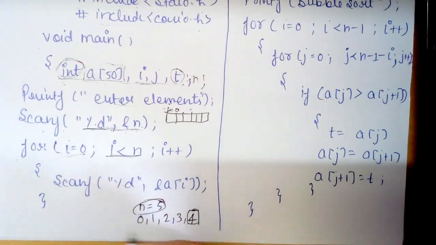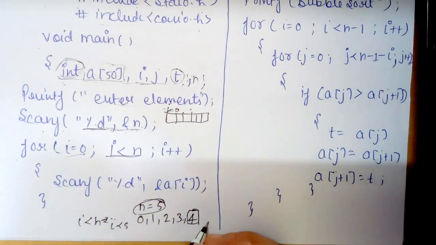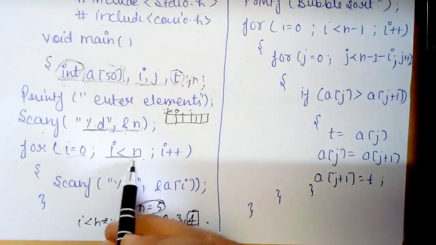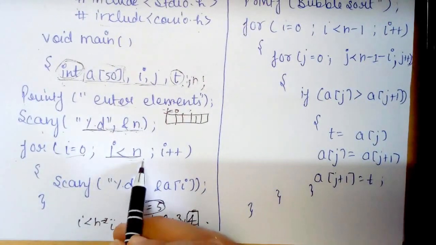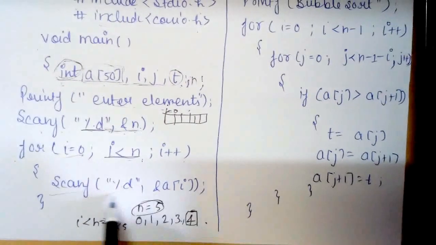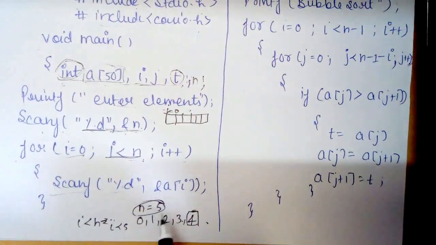If I write i less than n, so i less than 5, that is 0, 1, 2, 3, 4. So that's why I am writing less than n here, because the array ranges from 0 to n minus 1, and then i plus plus, and by scanf I am entering data elements in this array.